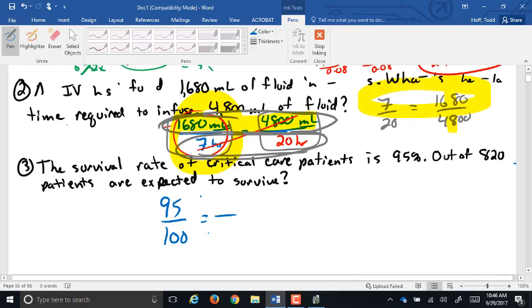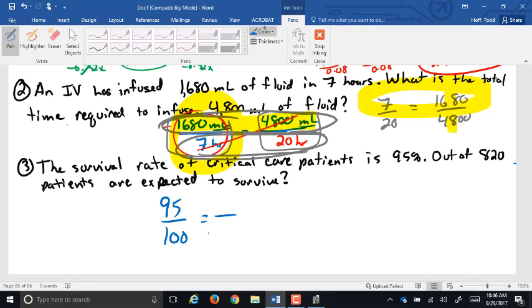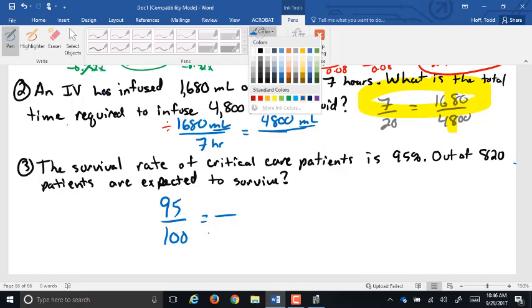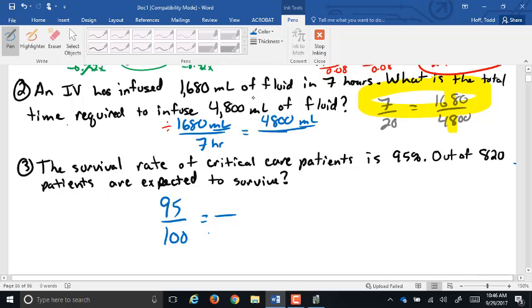Okay. The 20 hours, let me see if I can erase some of this mess here. When we have a proportion like this, the way we find the missing number is there are always going to be two diagonals. One diagonal has both numbers on it, and that's the 7 hours and the 4,800 milliliters.